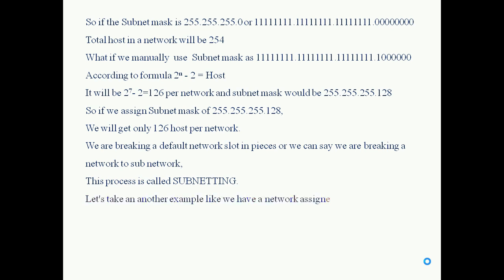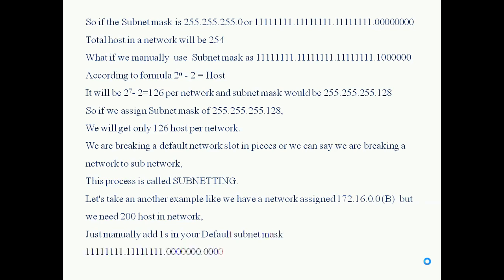Let's take another example, like we have a network assigned 172.16.0.0. 172 says that it's a class B network, but we need 200 hosts only. Just manually add 1s in your default subnet mask. The default subnet mask is 255.255.0.0.